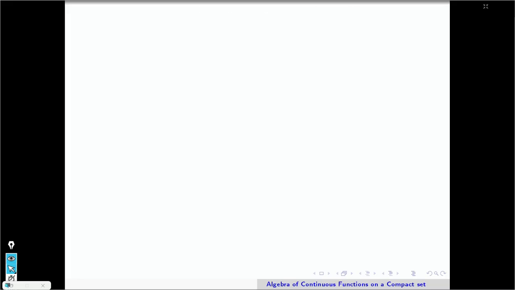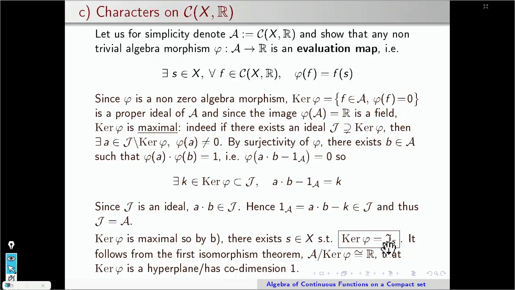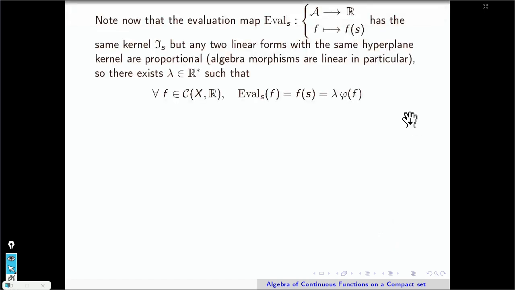So we have said that the kernel is equal to I subscript s, and we notice that the evaluation map, the algebra morphism that to a function associates its value at s, has kernel I_s. The kernel is the ideal of functions that vanish at this point. And what we are saying is that this linear form is in fact proportional to our original algebra morphism.